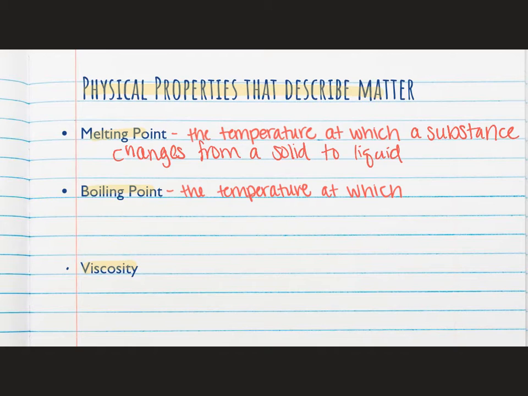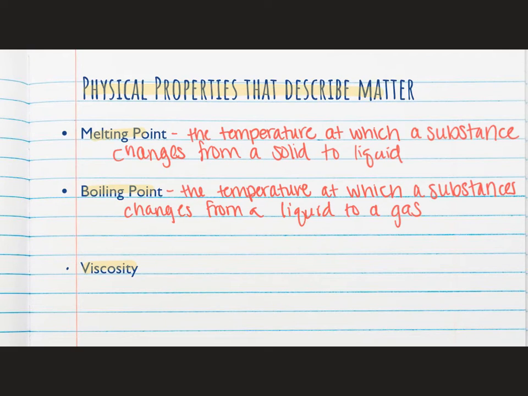Boiling point is the temperature at which a substance changes from, so when something's boiling, right, it's changing from a liquid to a gas. So the boiling point, again, is going to be different for different substances.